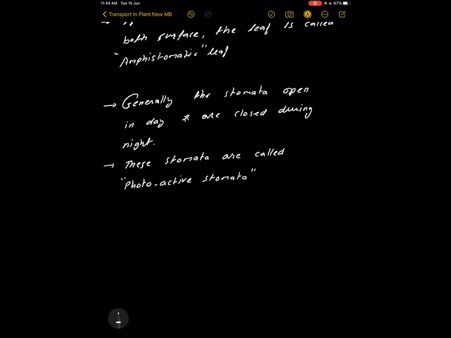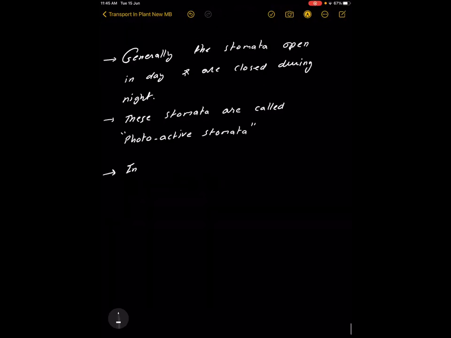On the other hand, some plants, succulent plants, parasitic plants, xerophytes, have a different case. In these plants, the stomata generally remain open during the night and are closed in daytime.